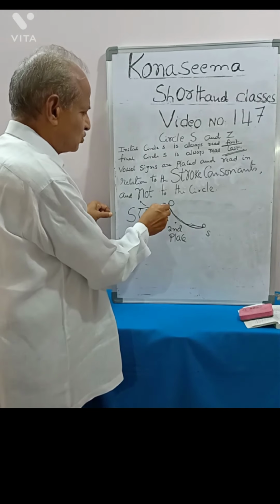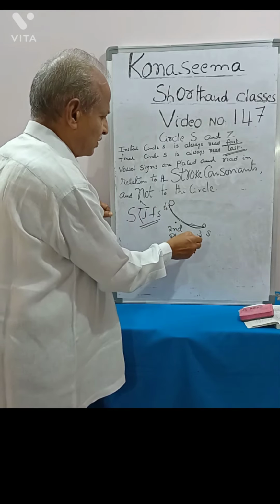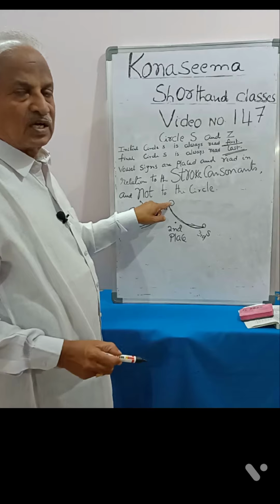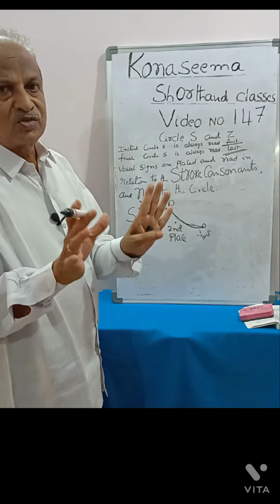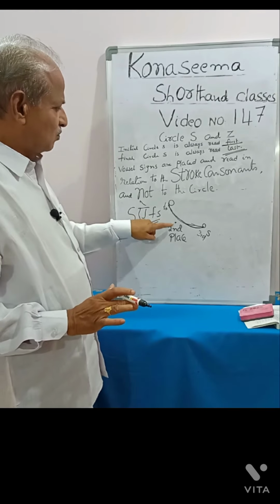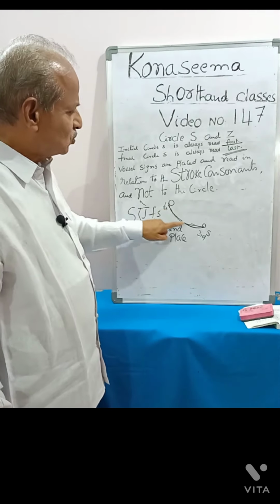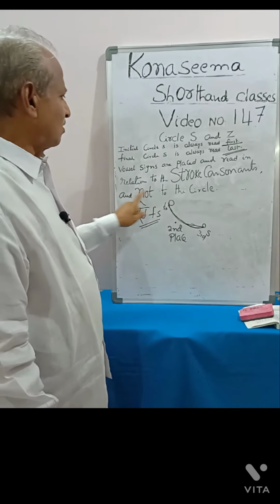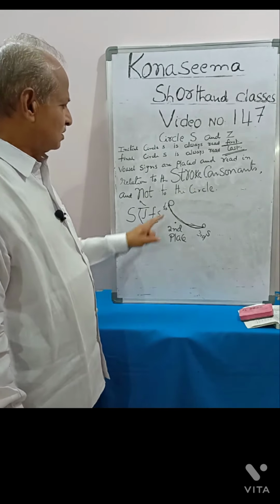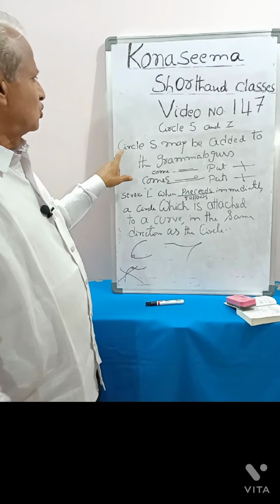F is having first place, second place, third place. But the circle is not having places to put the vowel sign. That's why we are placing this second-place vowel in relation to the stroke consonant and not to the circle. Example, safe.